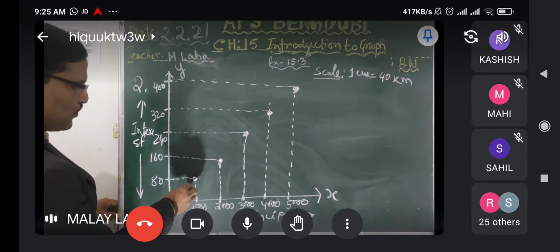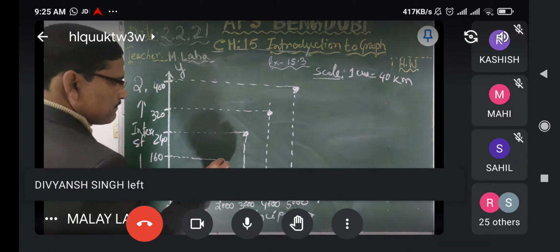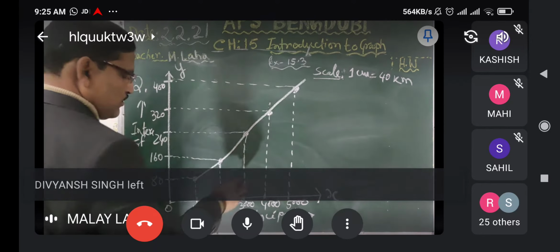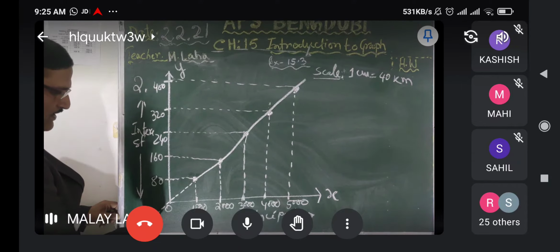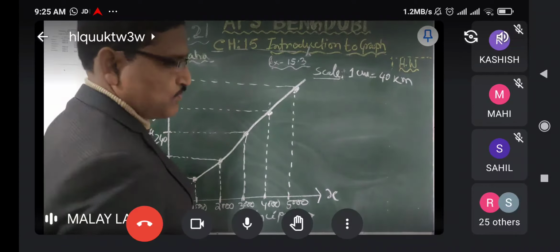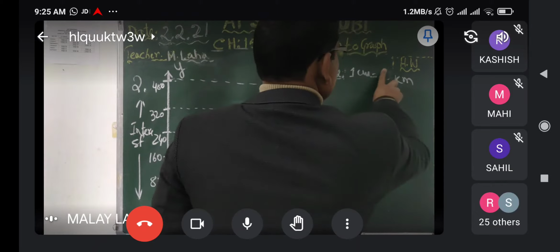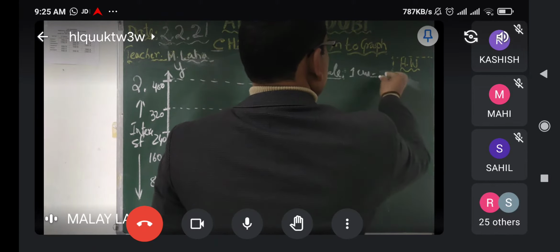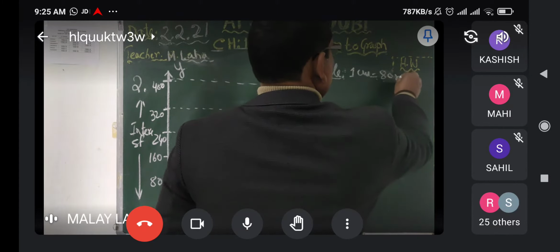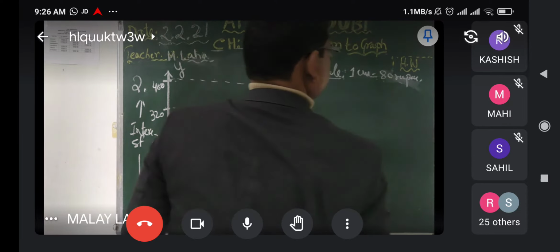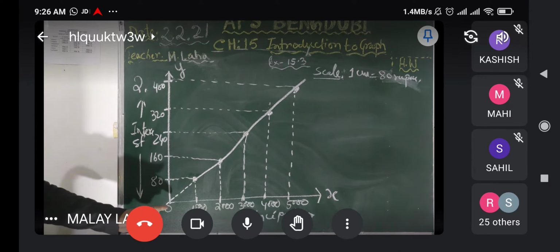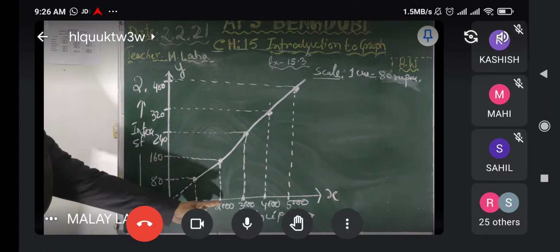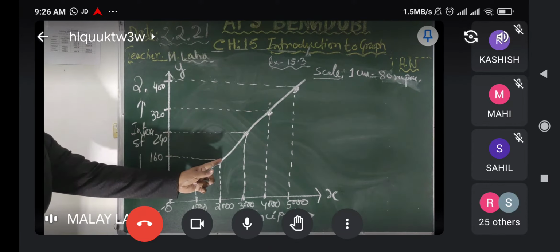So now if we join it, it will be linear, and for back side, it is passing through the origin also. So here you have to mention 1000 equals 80 rupees. Scale is 1000 equals 80 rupees. Look at here how we have made. So 1000 rupees, 80 rupees, point is here. 2000 rupees, 160 rupees, point is here.